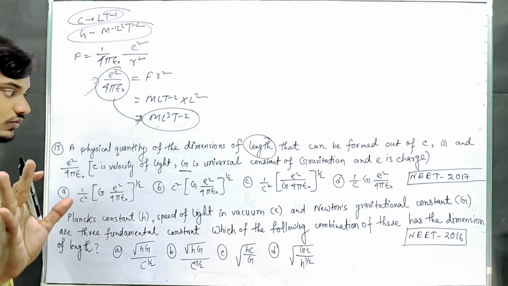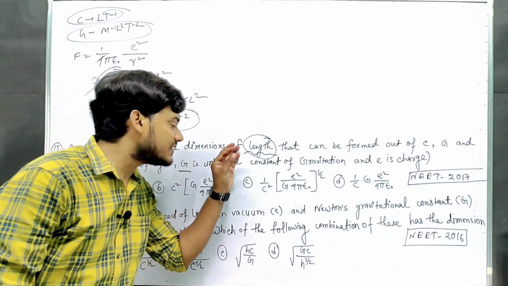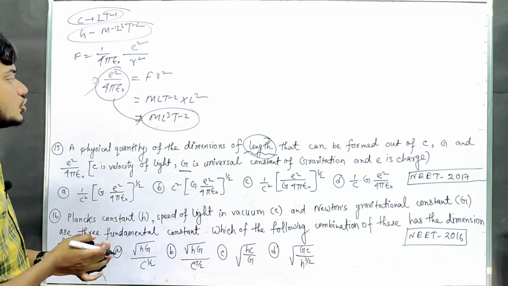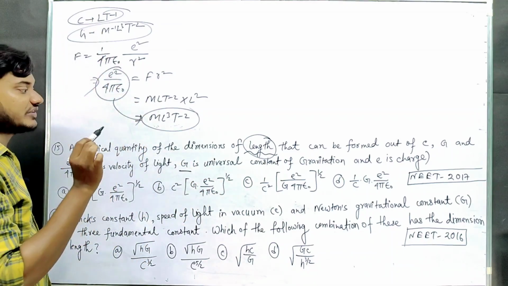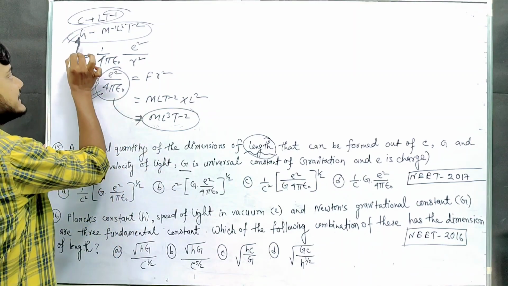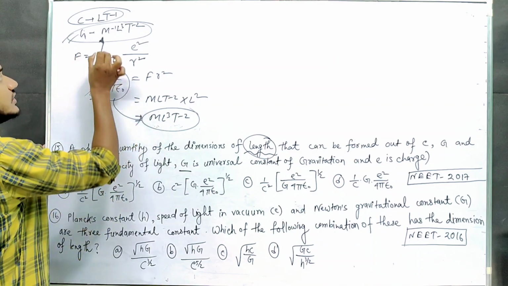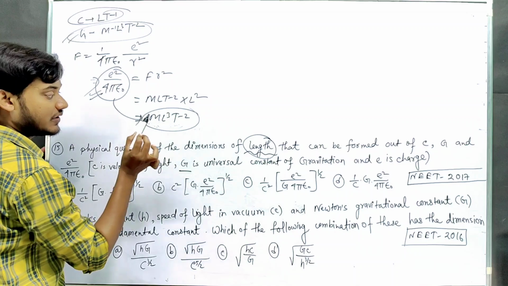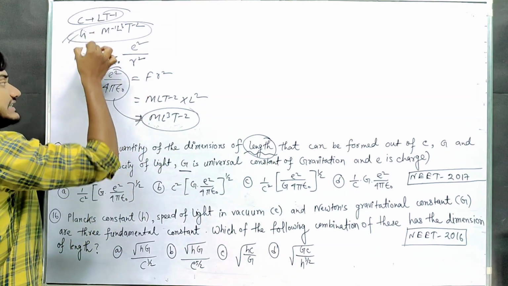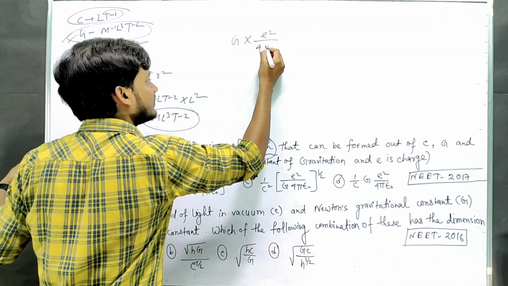Okay, now we have to find the dimension of length. If we want the dimension of length, it means mass will not be there. So C does not have M. Who has M? G and this one. So if we divide G and E square by 4 pi epsilon naught, will M cancel out? No, because this is M and this is M inverse, so we have to do multiplication, G and this. So we have to multiply G into E square by 4 pi epsilon naught.